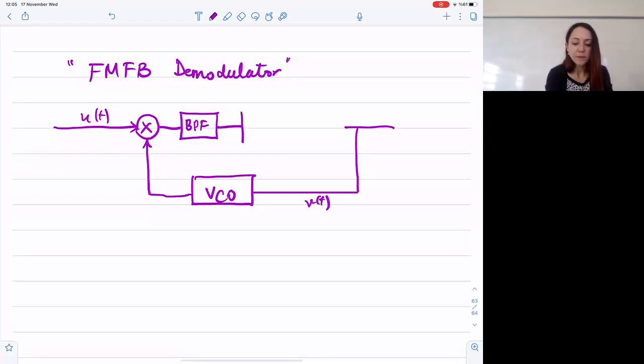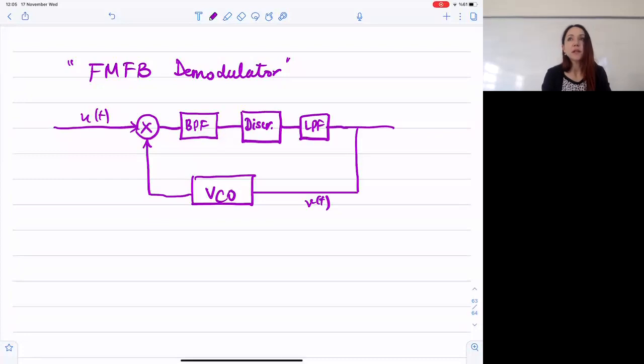This is then fed through the discriminator and low-pass filter. If you do the linearized analysis, it is very similar to the PLL. This is also essentially another PLL design. So the critical component is the discriminator. Remember, we were using it without feedback in direct FM demodulation.